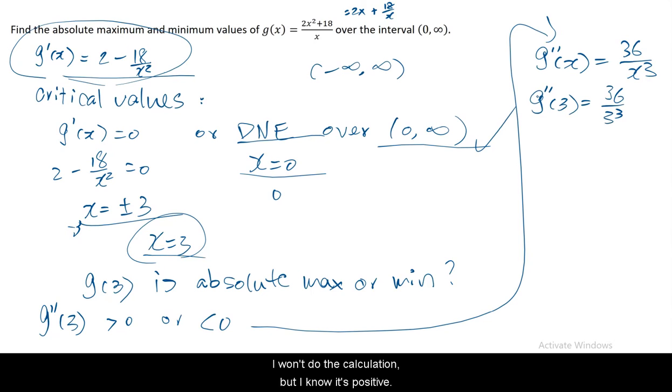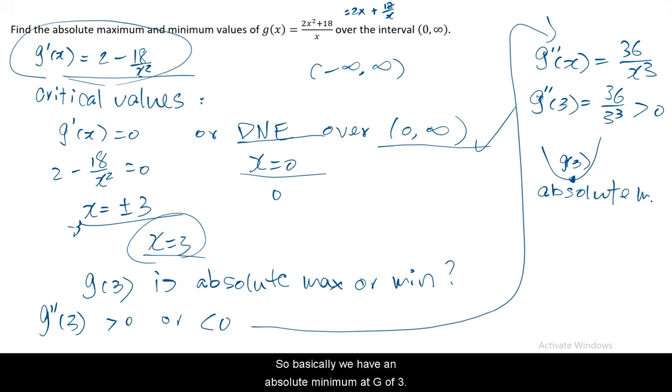I won't do the calculation, but I know it's positive. So that means we have concave up, right, at g of 3. So basically we have an absolute minimum at g of 3. What is this absolute minimum value?